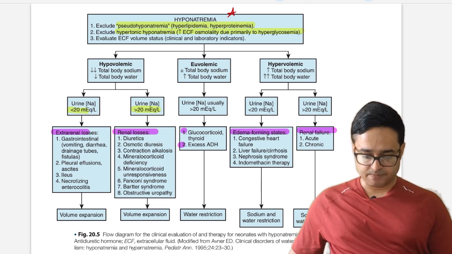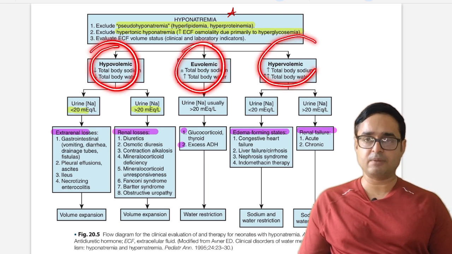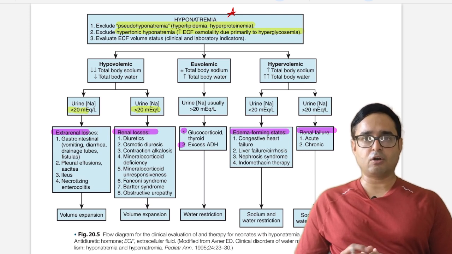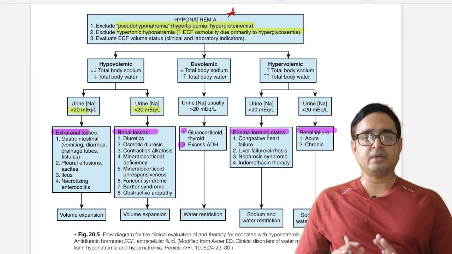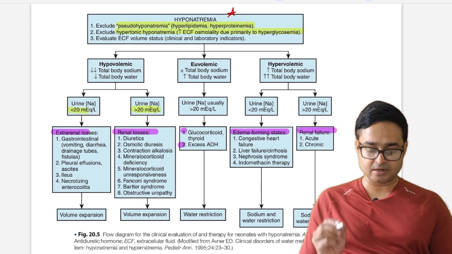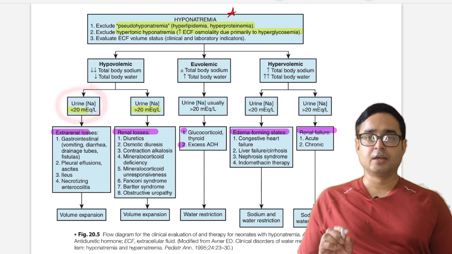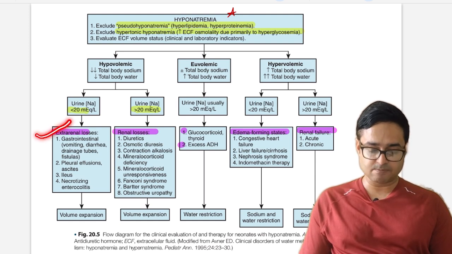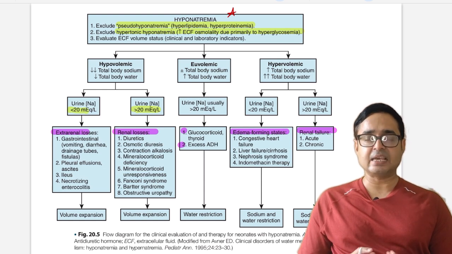Okay, again divide them: hypovolemic, euvolemic and hypervolemic state of that particular neonate. Just don't get overwhelmed by this chart, just follow me. Okay, hyponatremia you found and hypovolemic neonate is there. Okay, just see urine sodium is less than 20. This is a clear cut case of extra renal losses, maybe in GI, pleural, ileus, NEC, anything.